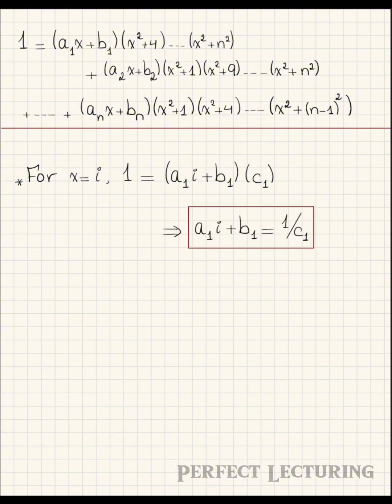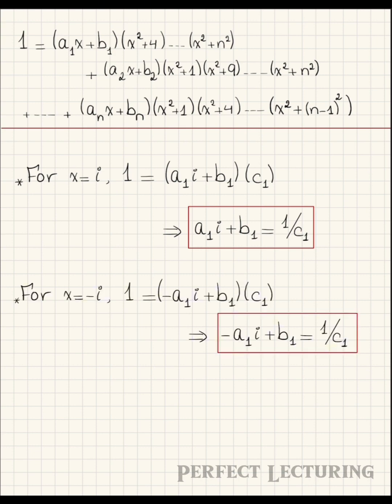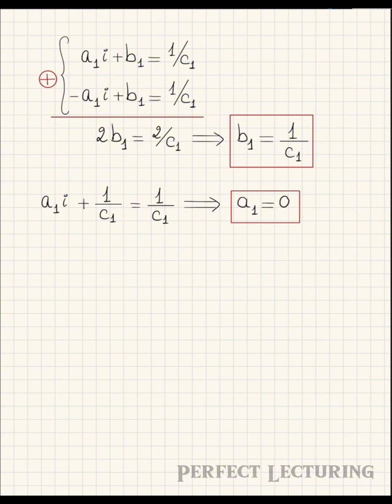We repeat the same thing by replacing x by negative i, and we end up with the following. And this is good, because now we only have two unknowns, which are a1 and b1, and we can easily find them. We solve the system and we end up with this. And what I'm going to prove now is that all the ai's in the equation are going to be zeros.